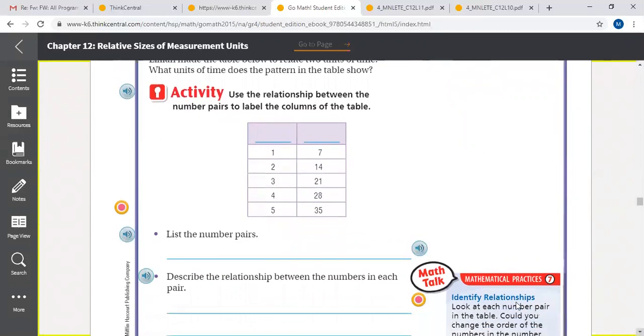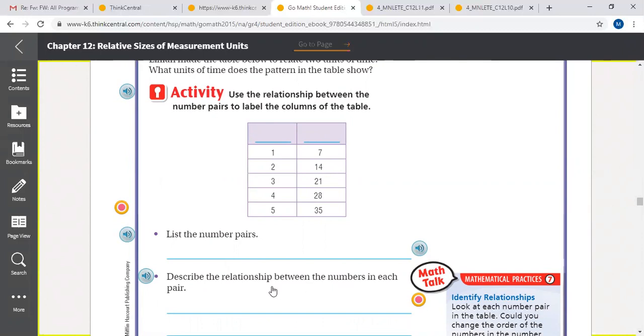The second question, describe the relationship between the numbers in each pair. Here we can write the second number in each pair is 7 times as great as the first number in each pair.